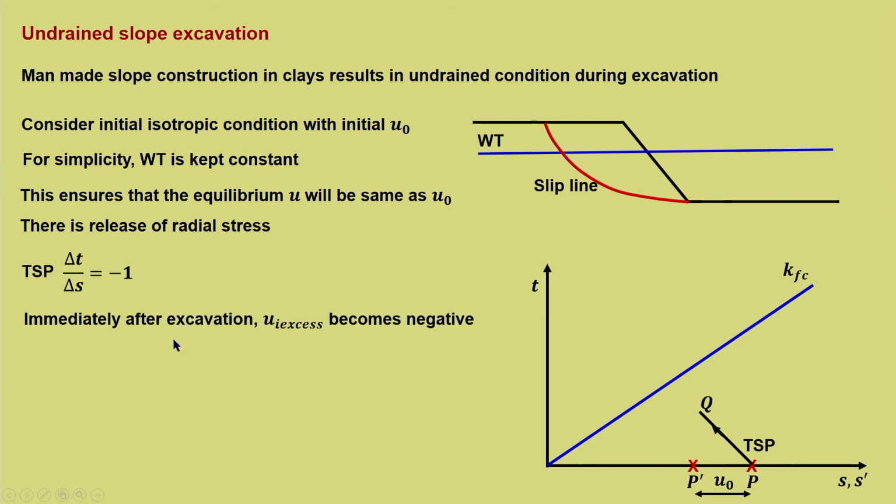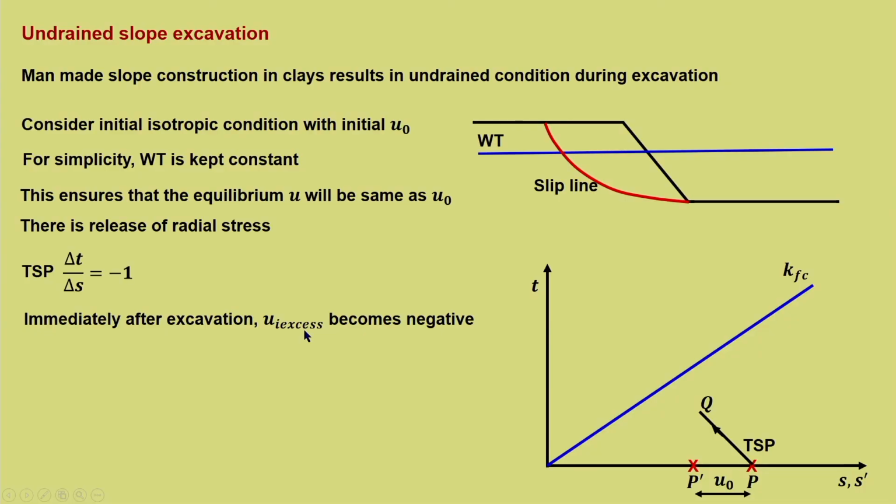Immediately after excavation, there will be change in pore water pressure. Now, this is a kind of loading imposed, but here it is a release that is happening, but whatever be, it is one and the same. There is a stress change which is happening, because of which there is a change in pore water pressure. This change in pore water pressure can be taken as excess pore water pressure change. So, that is why UI excess becomes negative. Why?